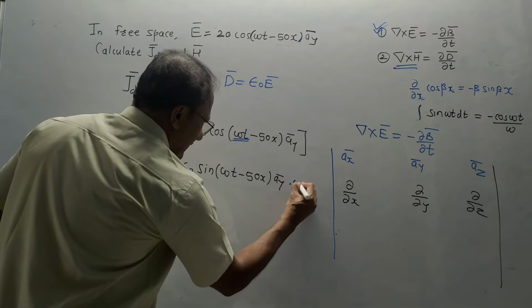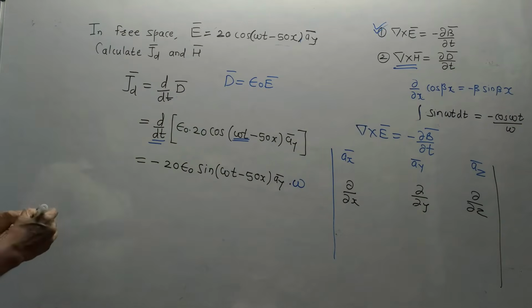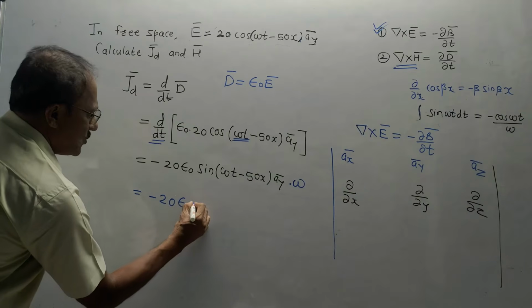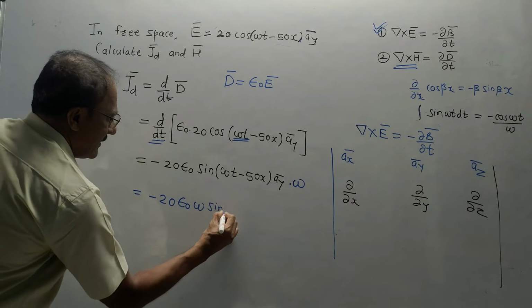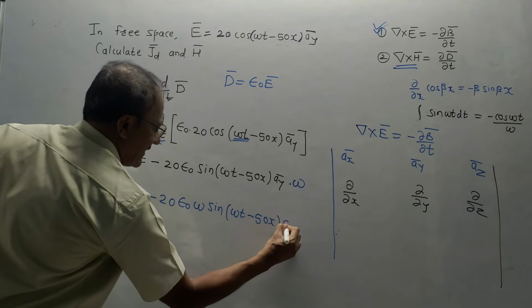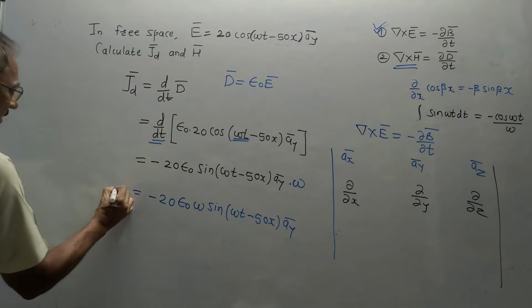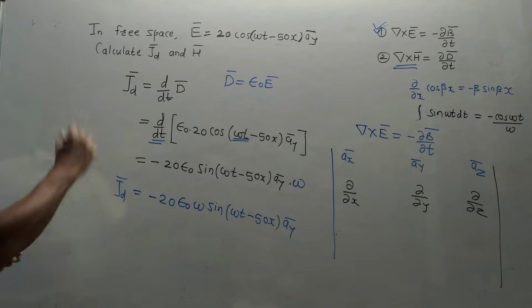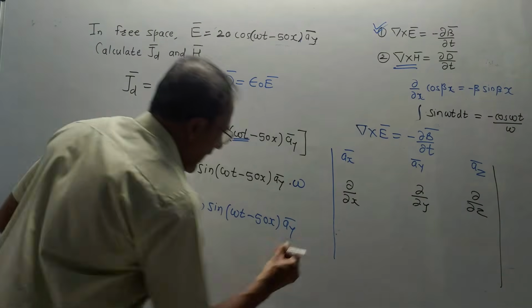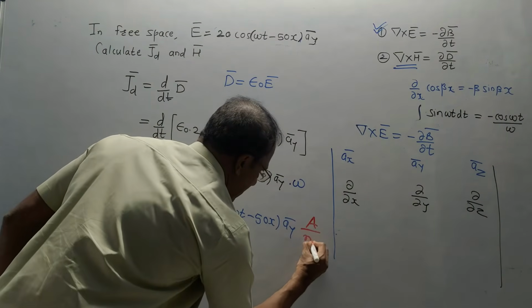The final answer can be simply written as minus 20 epsilon 0 omega sin omega t minus 50x, ay bar. Now this is the equation of Jd bar, the displacement current density. Since it is a current density, its unit is ampere per meter square.